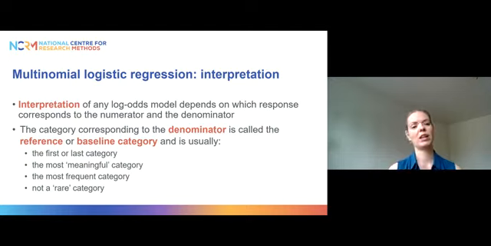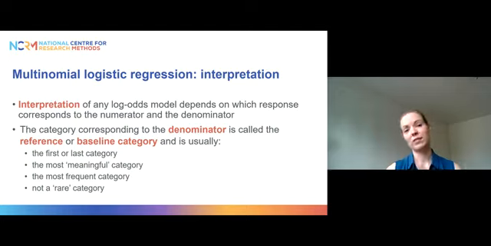I know I said earlier that normally we would use nominal variables as outcomes here, but sometimes we might have ordered variables and we might use multinomial regression to model those. It could be the most meaningful category in your outcome depending on your research question.